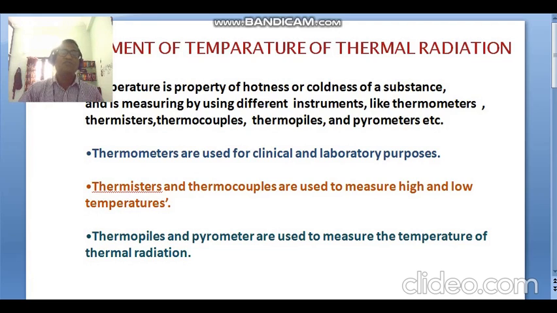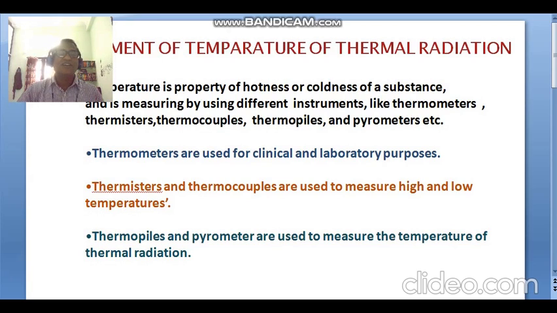Similarly, pyrometers. Pyrometers are the devices which measure the high temperature of a black body. A black body is nothing but a substance which absorbs or emits the thermal radiation that falls on its surface.